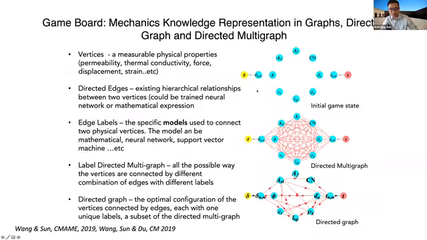So this is what happens. We have all the physical measurements that we can measure, and that constitutes the initial game. All the possible ways to connect them become the directed multigraph. The job of the AI is to generate exactly one directed graph that makes the best predictions.